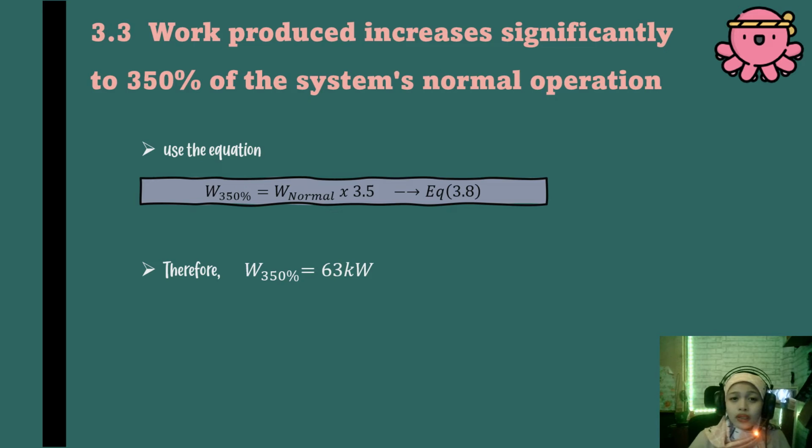Therefore, we can summarize that in the new operation, the work produced from the turbine will be 93 kilowatts. The new operation that we modified will be explained in the result and discussion part.